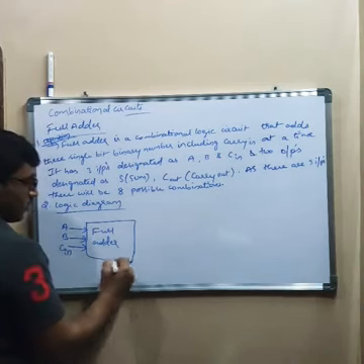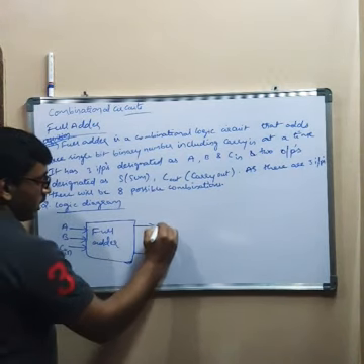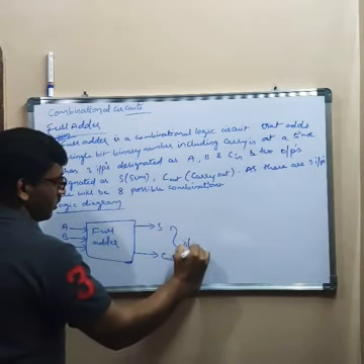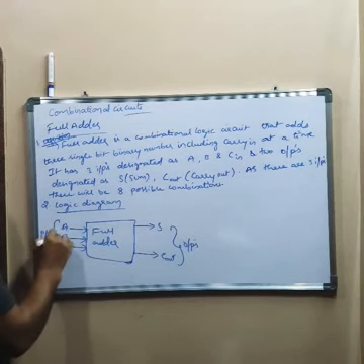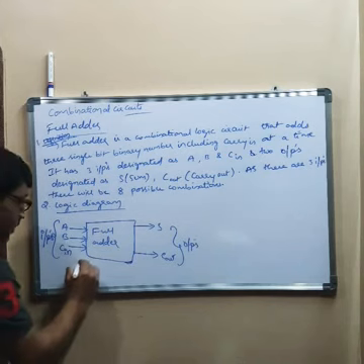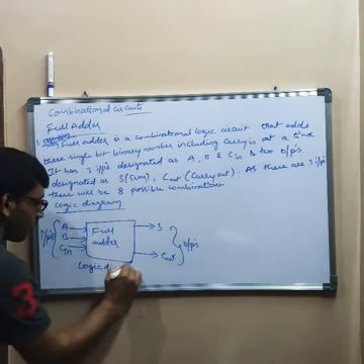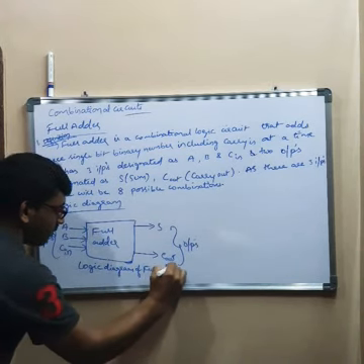Next, it has only 2 outputs. They are S and C out. These are outputs. These are inputs, right? So we call this the logic diagram of full adder.